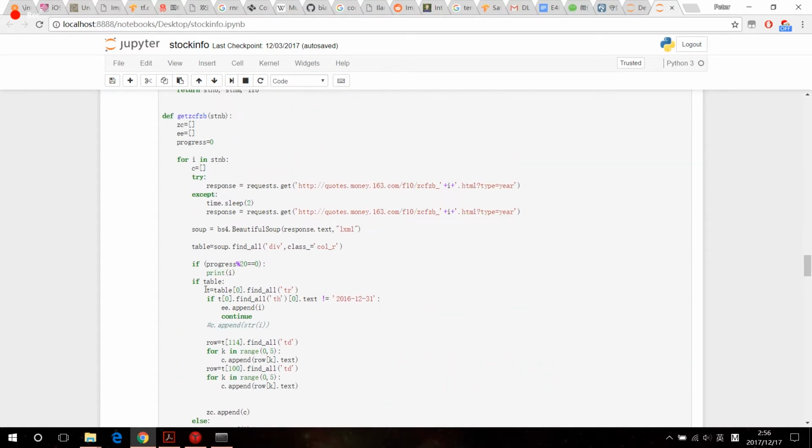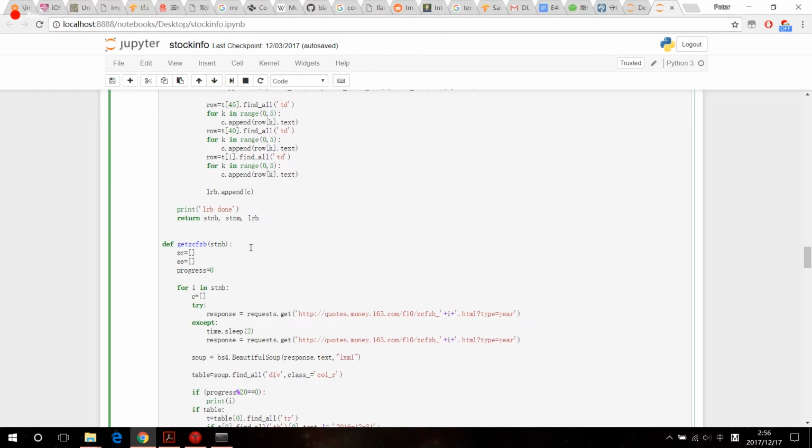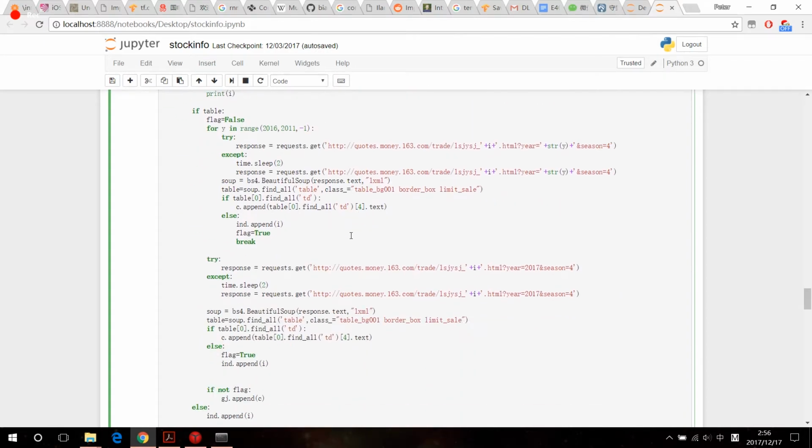I defined some functions to help us solve this problem quicker.